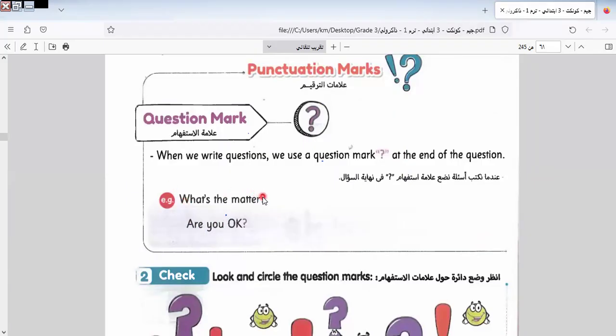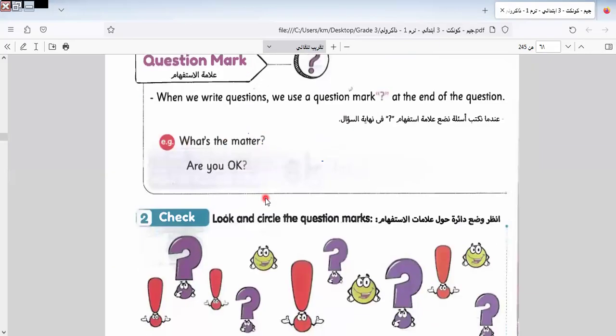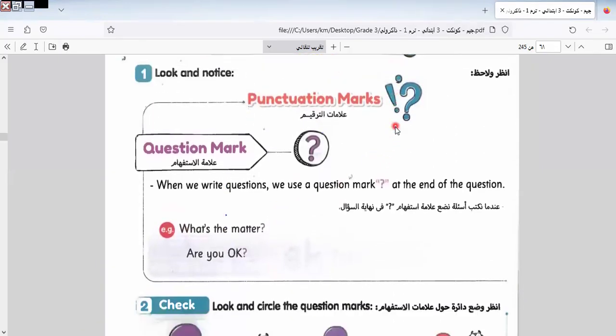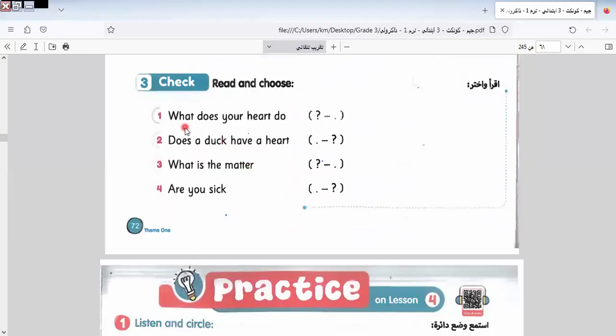If the sentence is in statement form, I put a full stop at the end. If we have an exclamation sentence, I put the exclamation mark like this. Here I answer two of them, and I will leave the rest for you to do by yourself. What does your heart do? So I put what?